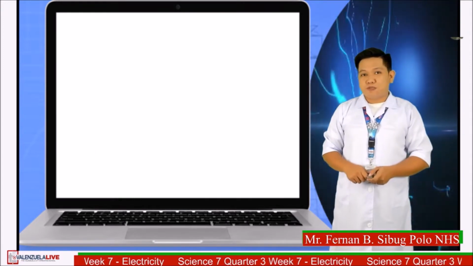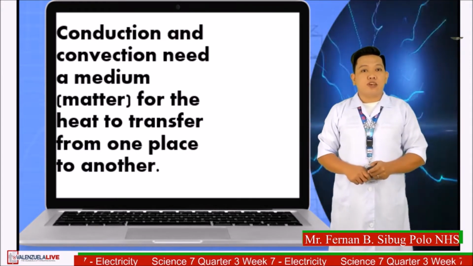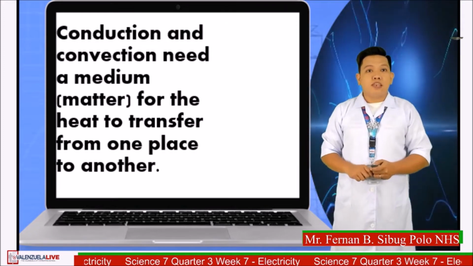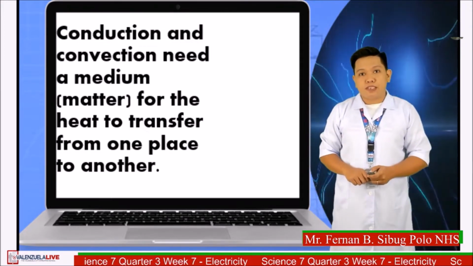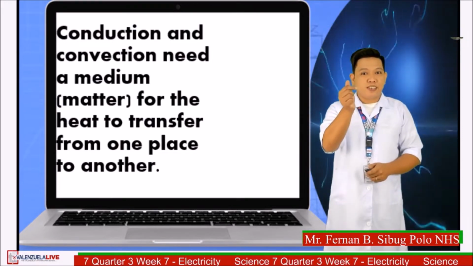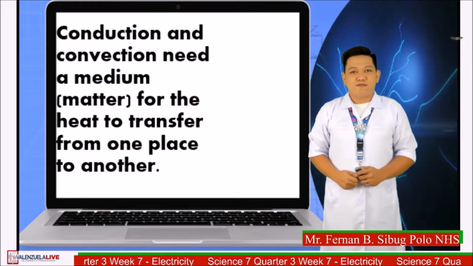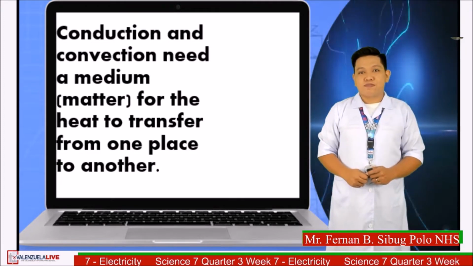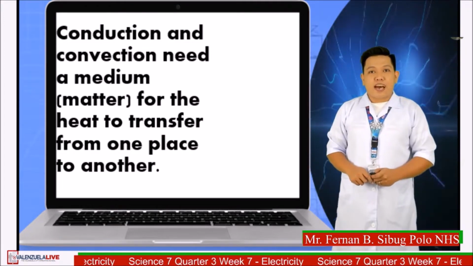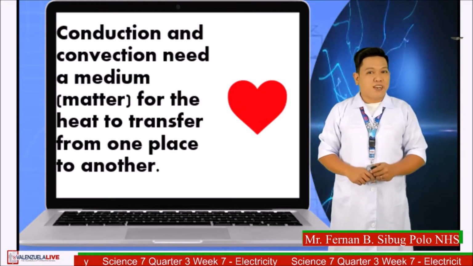Question number 2. Conduction and convection need a medium or matter for the heat to transfer from one place to another. Is it heart or like? The correct answer is heart.